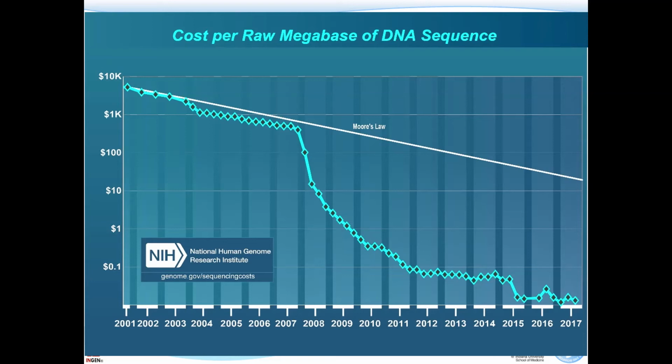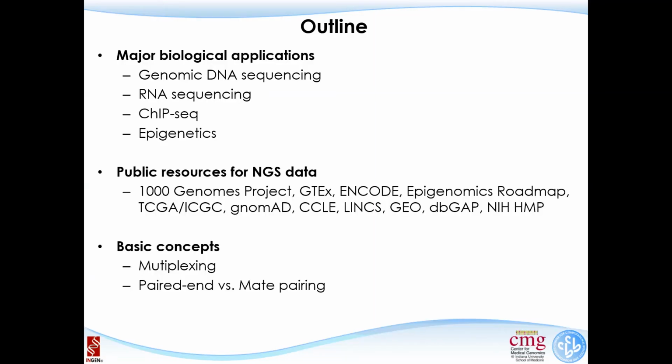But you see that this cost initially follows Moore's law pretty well until something happened here, when Illumina introduced their product into the market. There's a huge drop, and there are a few bumps down the road. With some additional technology innovation, the price has dropped a couple of times again. Okay, so that is the overall picture.